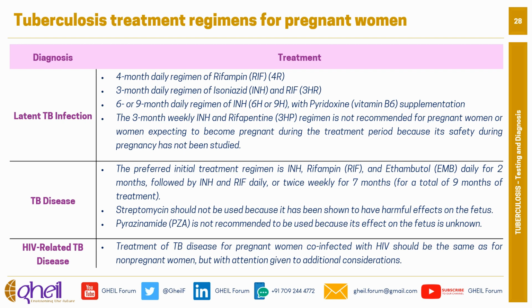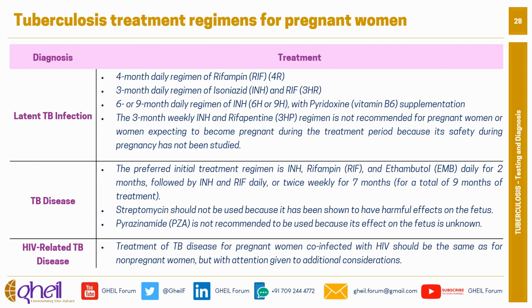The 3-month weekly INH and rifapentine, 3HP, regimen is not recommended for pregnant women or women expecting to become pregnant during the treatment period because its safety during pregnancy has not been studied.